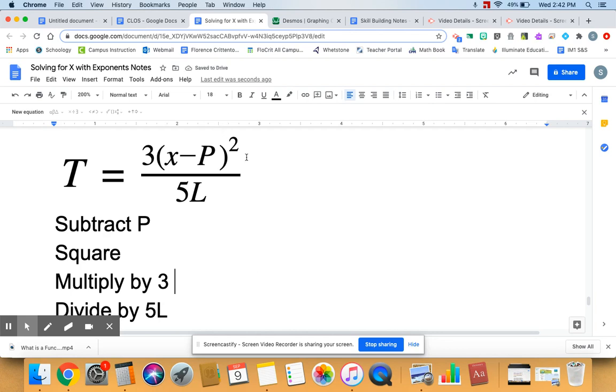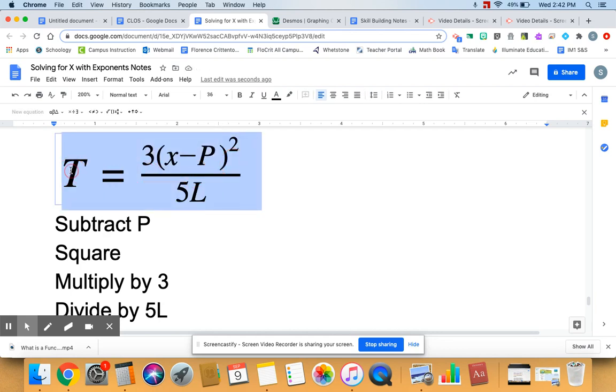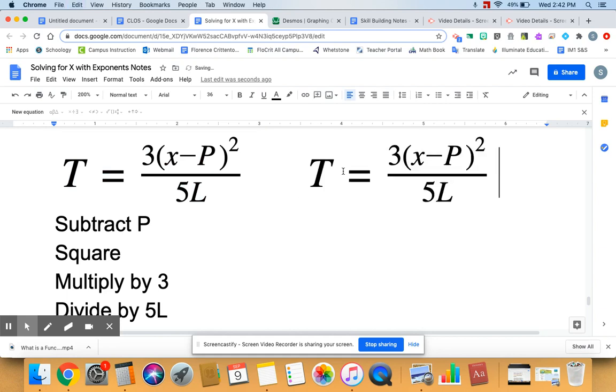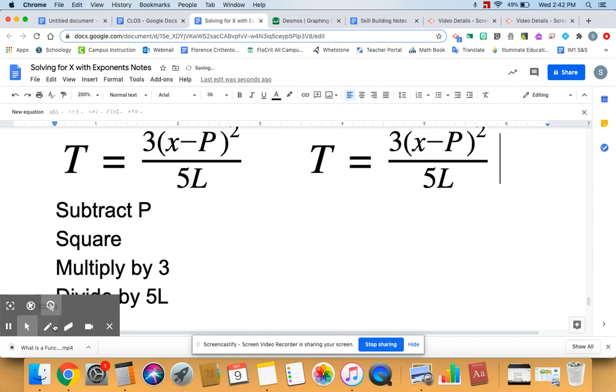So then to solve for X, I'm just going to go backwards. So the inverse of dividing by the 5L is to multiply it away. So I multiply both sides by 5L. These two cancel. I'm going to switch colors.